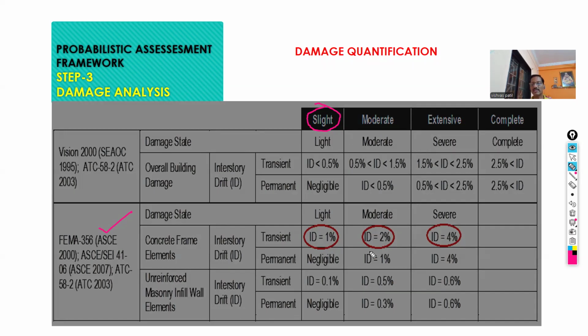Moderate damage is said to occur when interstory drift is 2%, and extensive damage when interstory drift is 4%. So the user has a choice of which damage states, which values, or which code to consider to define the damages.